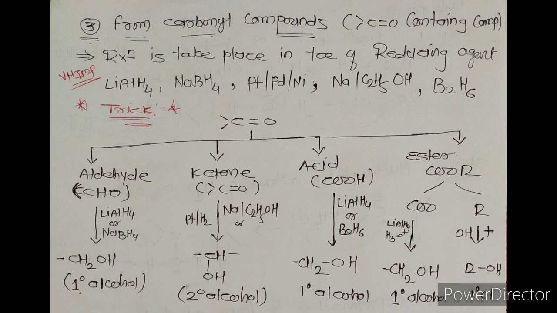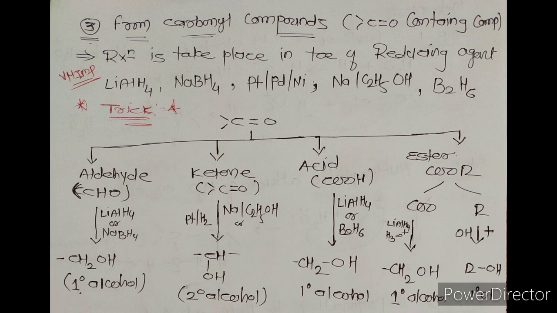Remember, an aldehyde contains the CHO group, and that CHO group is converted into CH2OH, so an aldehyde gives a primary alcohol. We just remember that instead of CHO we put CH2OH.